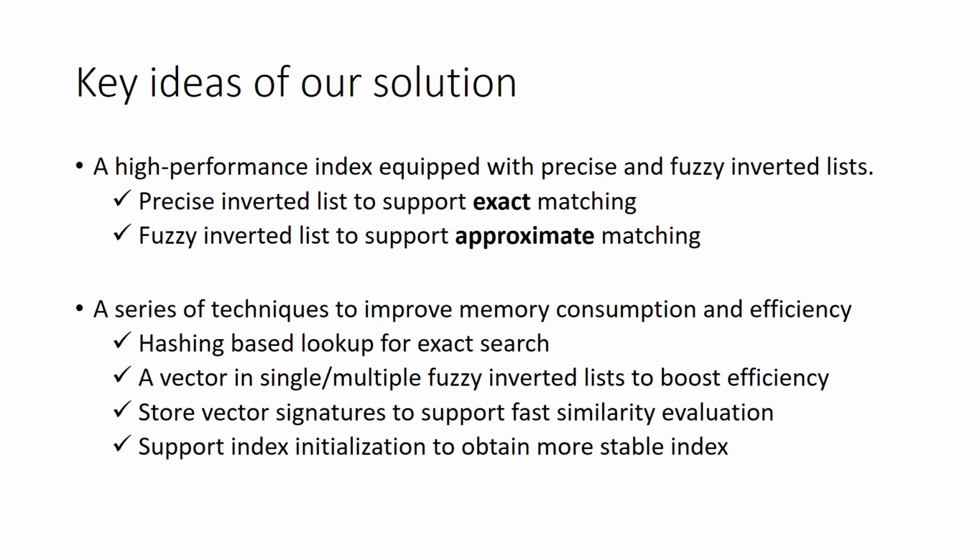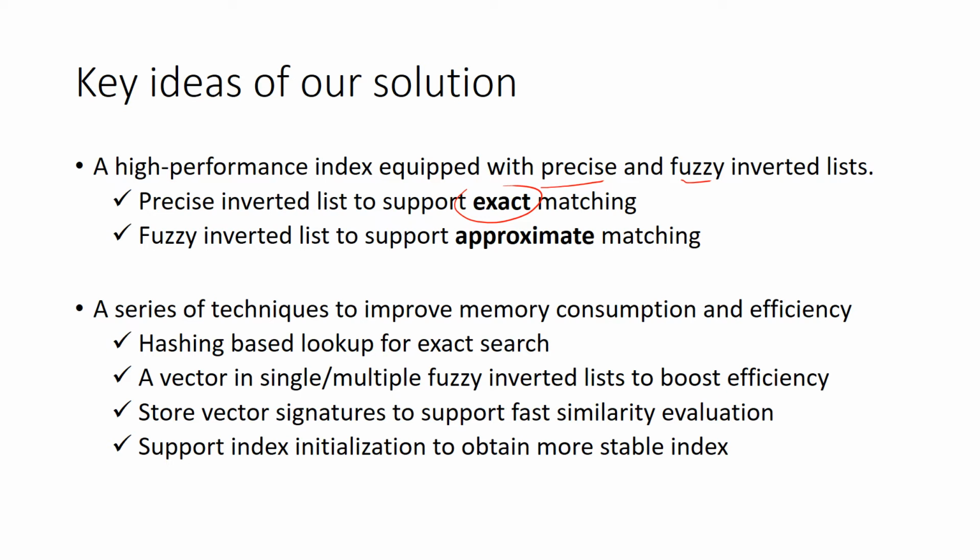The key idea of our solution: we propose a high-performance index equipped with both precise and fuzzy inverted lists. The precise inverted list can be used to support exact matching, and for applications which need exact matching, they can choose to use precise inverted lists.